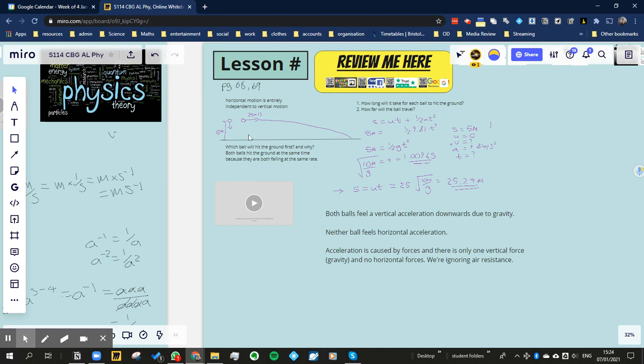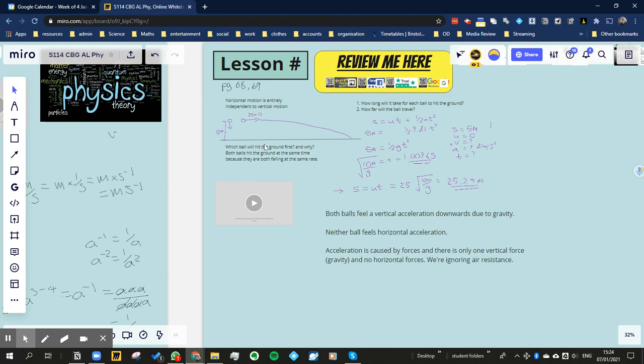They do not affect each other, and so you can imagine them as 2 different balls moving, one moving horizontally and one moving vertically. The only thing you would know is that they would both hit the ground at the same time. And then you would combine the information in order to solve whatever problem you're trying to solve.